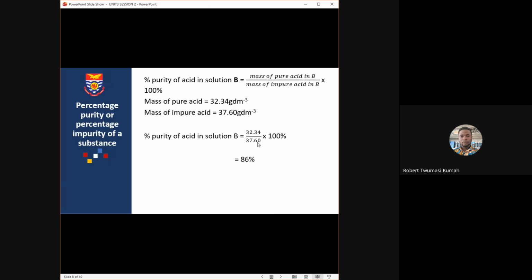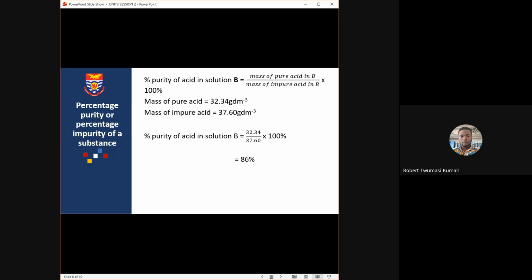And so that's 86%. What it means is that in the solution, it is 86% pure sulfuric acid. Then 14% represents the impure substances or other substances that are present.